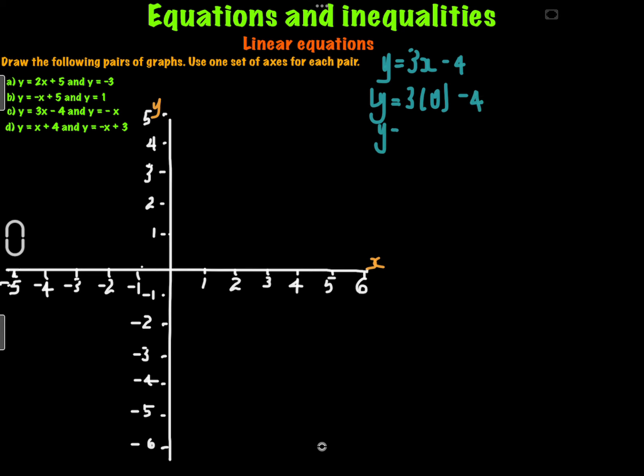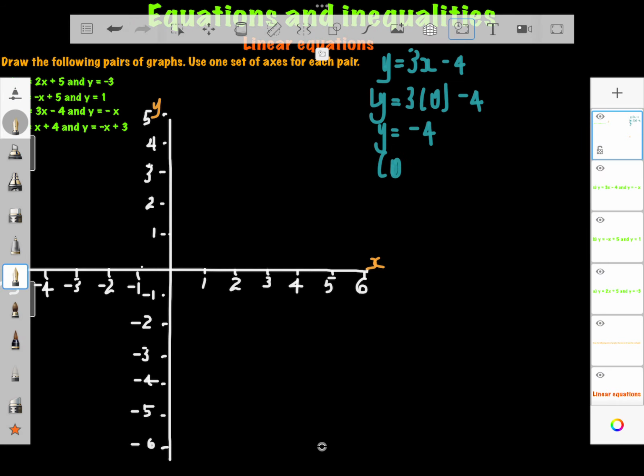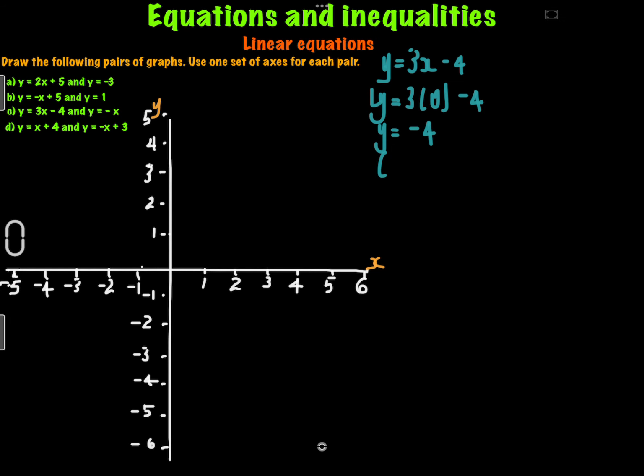Because 3 times 0 is simply 0, minus 4 is simply negative 4. So when x is equal to 0, y is simply negative 4.